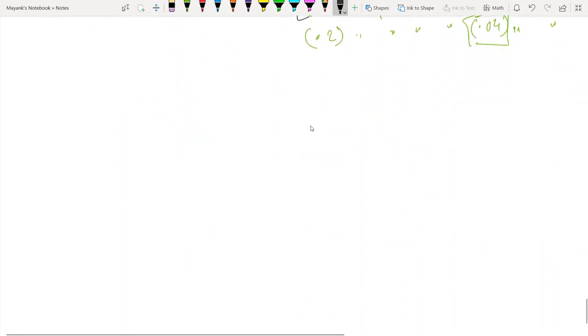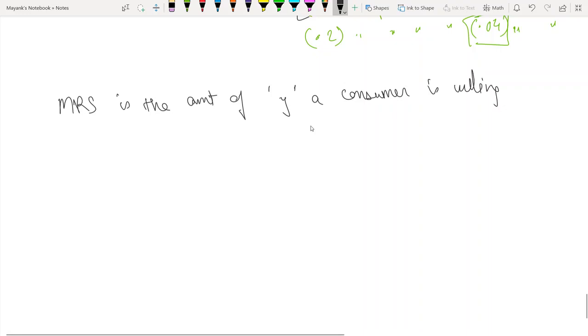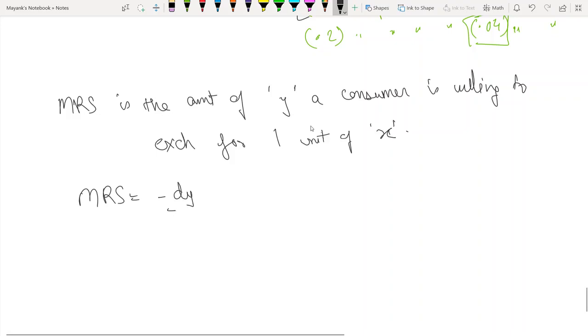So in words, MRS is the amount of y a consumer is willing to exchange for 1 unit of x. And mathematically MRS is equal to minus dy by dx.